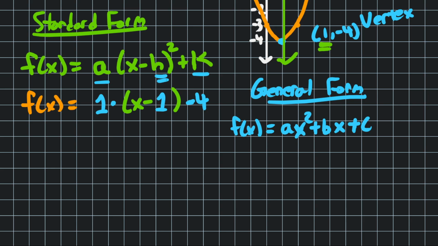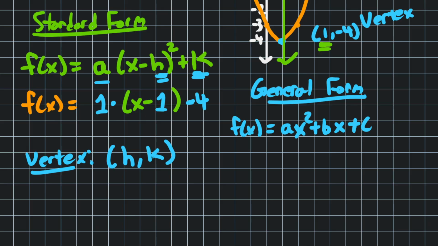So what do each of these letters mean? Well, h and k tell you something very interesting about this quadratic equation. The vertex of f of x occurs at the point h comma k.